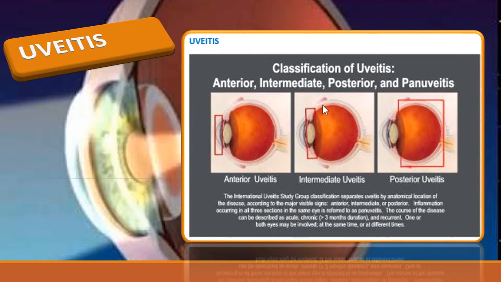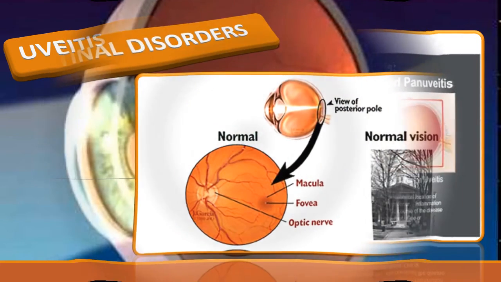The posterior form is also called retinitis, and the treatment includes resting the ciliary body with a cycloplegic agent. Remember, I told you to review those drugs that are listed so you're familiar with which ones are cycloplegic agents.